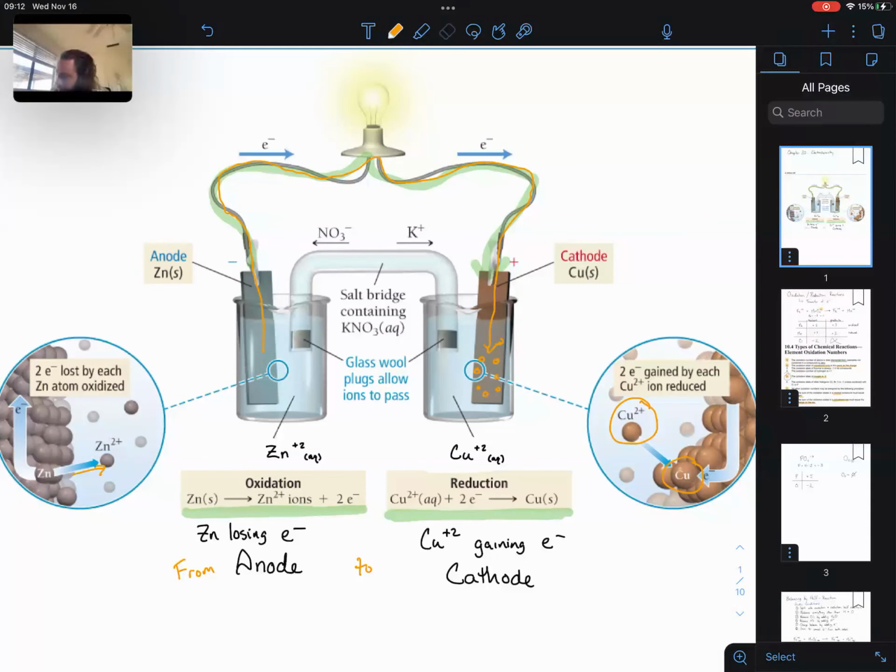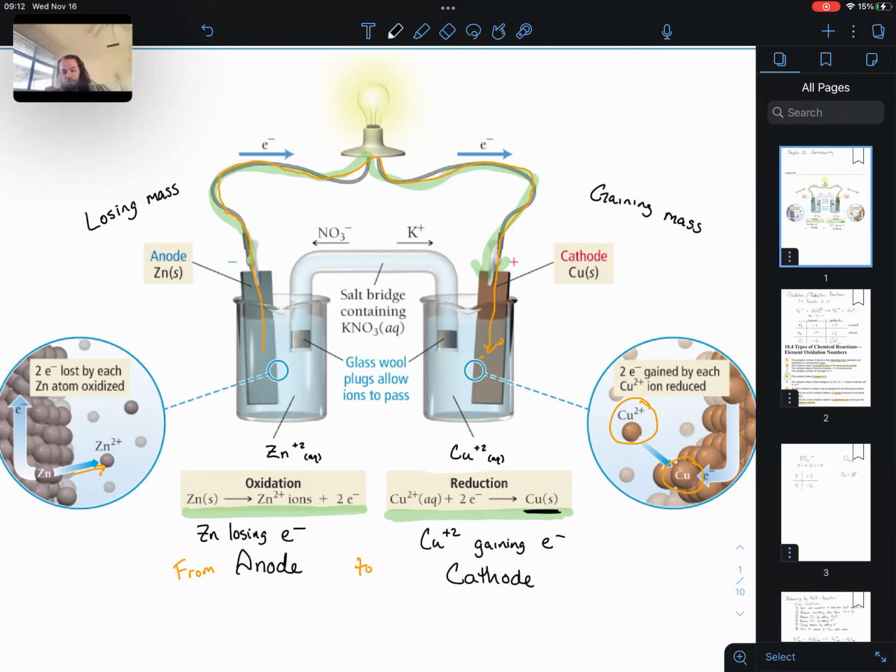Right? So for this one here, you see that my anode is actually going to be losing mass as those solid zinc atoms become zinc ions and then flow into solution. Whereas my cathode is actually going to be gaining mass as those electrons flow to those copper ions and turn them into copper atoms, which will then be stuck on that cathode, right?